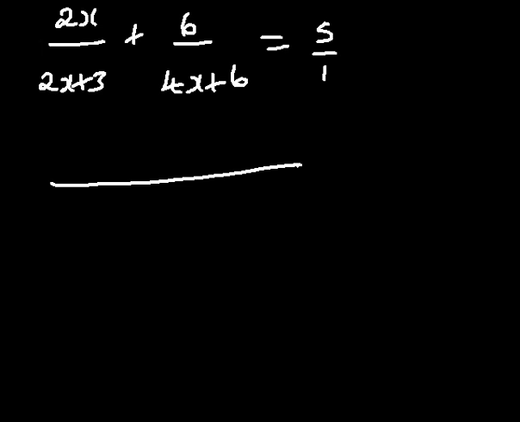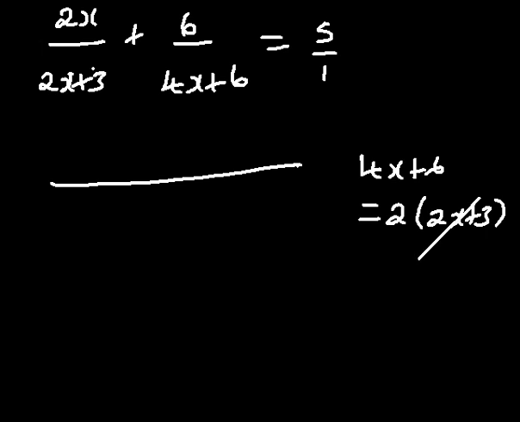Sometimes you need to have a critical eye. As you can see, this denominator is 2x plus 3, and this denominator is 4x plus 6. But if you factorize this one, we'll have a component similar to this: 4x plus 6 is the same as 2 times 2x plus 3.